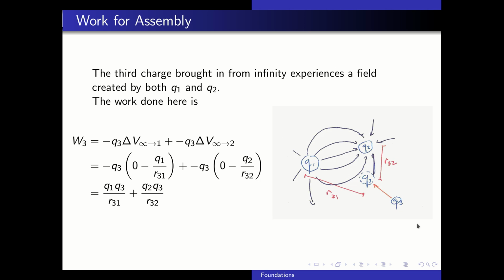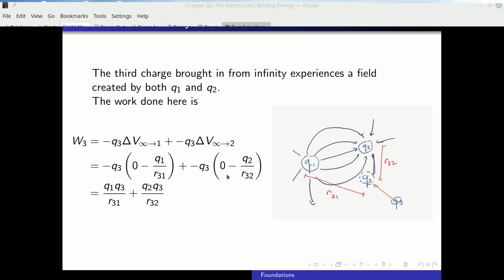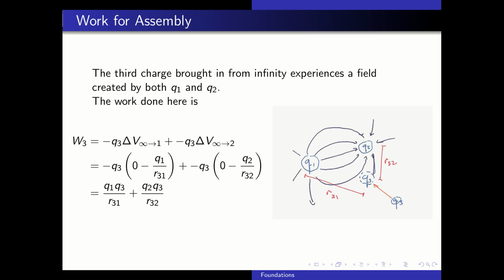When we bring our third charge in, it's going to experience the field due to these other two charges. So it's going to see the same thing we saw in that previous slide, but now with two charges. We bring Q3 in, and you see I've made the same mistake here.